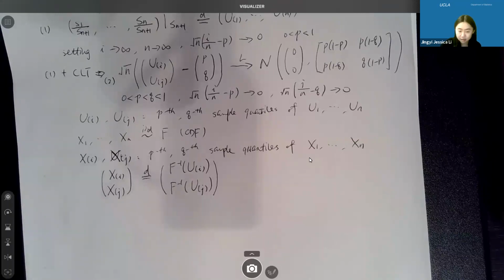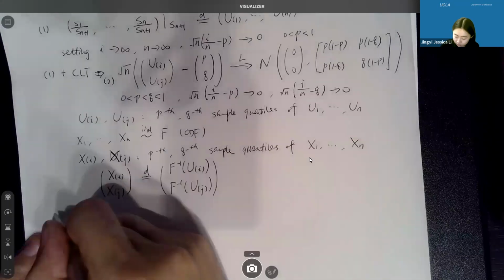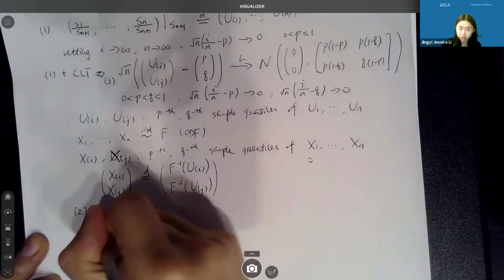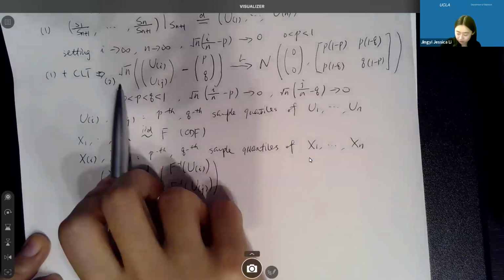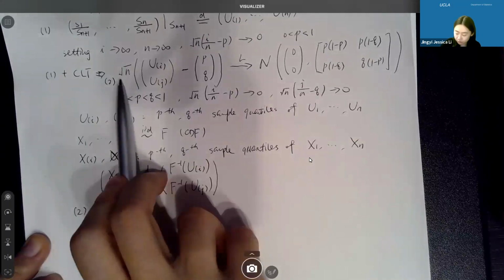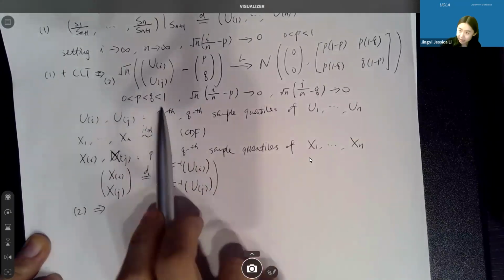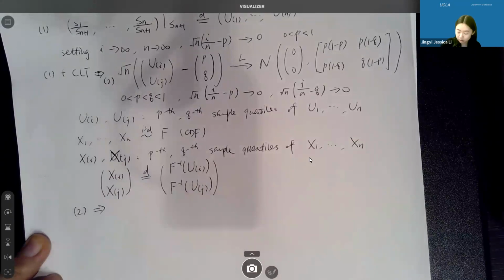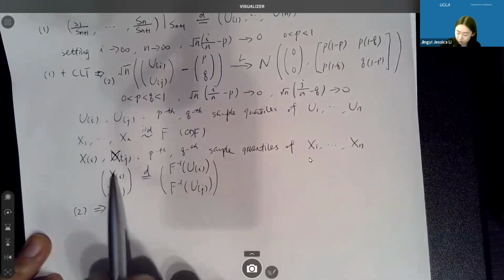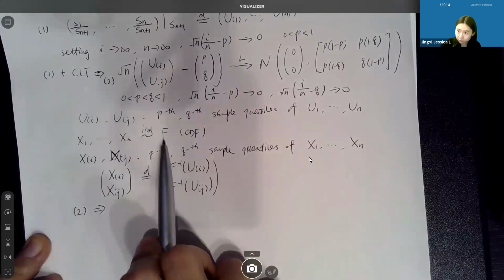So we are utilizing this result. Therefore, to obtain the central limit theorem, from result 2, this asymptotic result for the uniform sample quantiles, we can get the asymptotic results for this general distribution F sample quantiles.